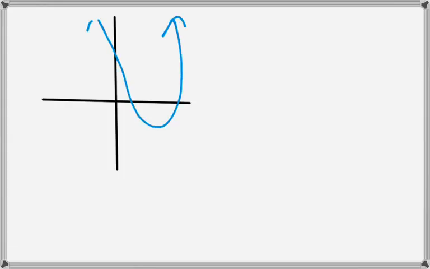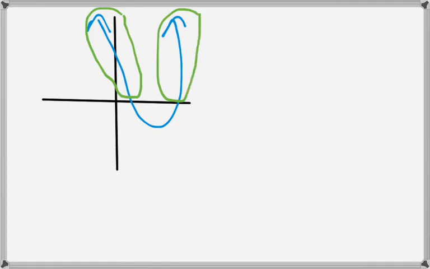If we think about the graph of a polynomial, we know it's a smooth, continuous curve. I'm just going to draw a parabola here, but this would apply to any polynomial function. If we look at where it's positive versus where it's negative, this one will be positive right here roughly, and right here roughly, because that's where it's above the x-axis.